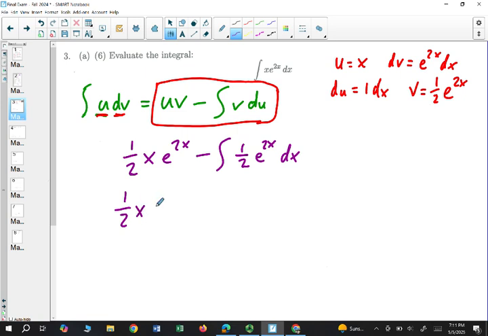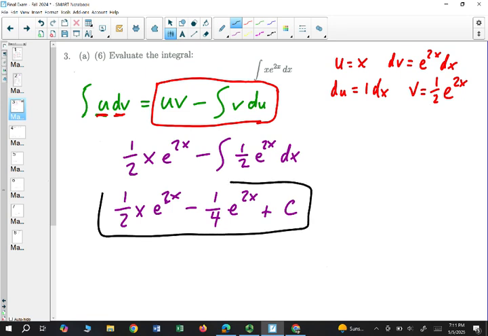So 1/2 x e to the 2x minus a half times this half, which would be 1/4 e to the 2x, plus c. And so that would be our final answer. If you have any hesitations about this, take its derivative, and you would see that you should end up with the original integrand here, x e to the 2x.